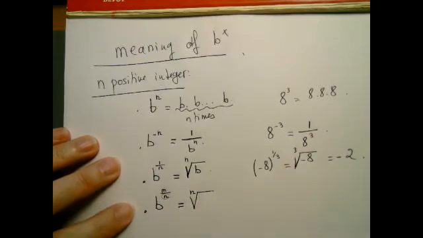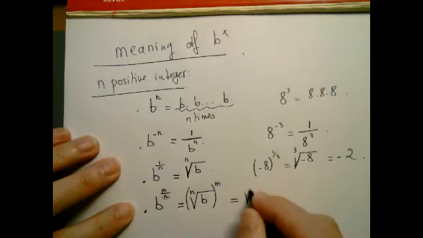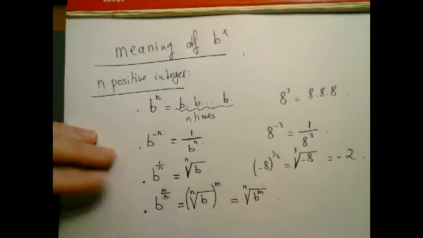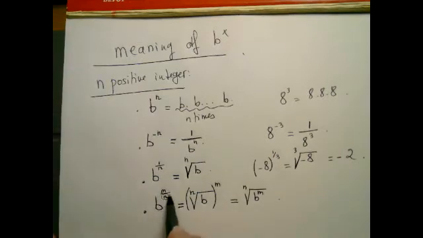It's the nth root of b. And now there are two ways you can see it. Either the nth root of b, the whole thing to the power m, or these are absolutely equal, the nth root of b to the m. So b to the m over n, this one is always the root, and this is the power. The one on top is the power.